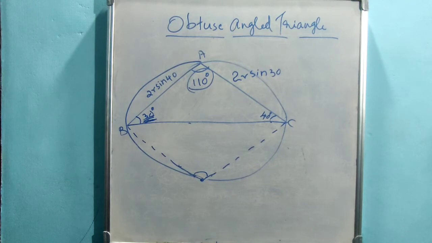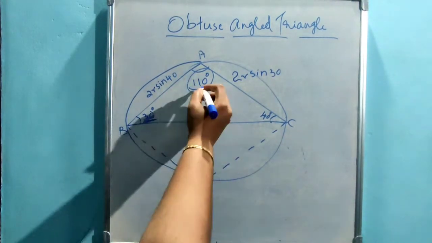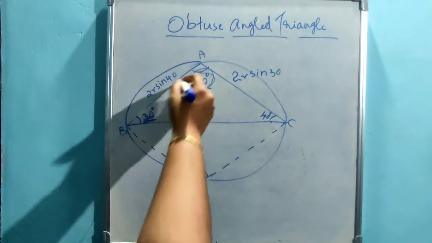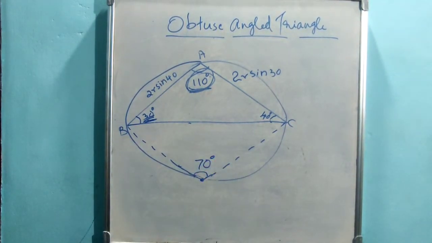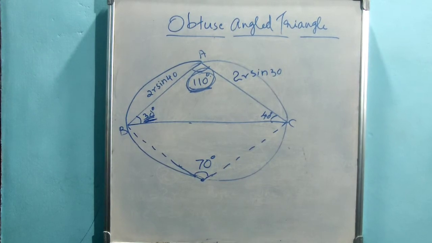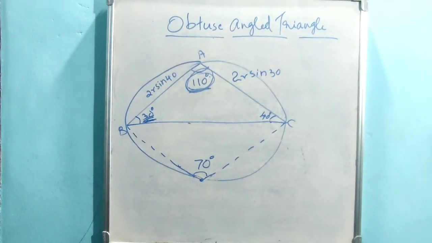Do you remember that? Then what is the supplementary angle of this 110? That is equal to 70 degree. 70 degree is the supplementary angle of 110 degree.